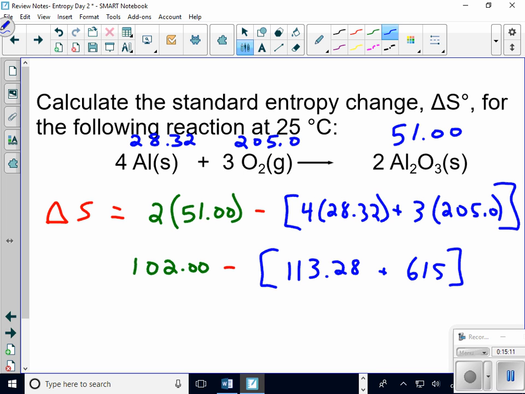My bracket's closed. So then I take 102 and I minus 615 plus 113, and that gives me 728.28.